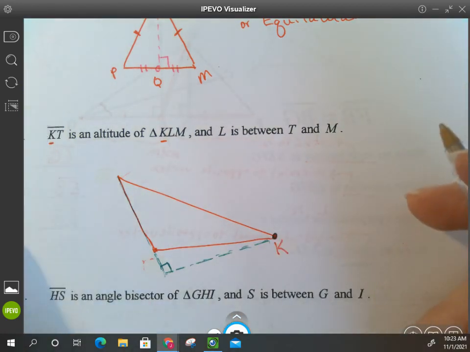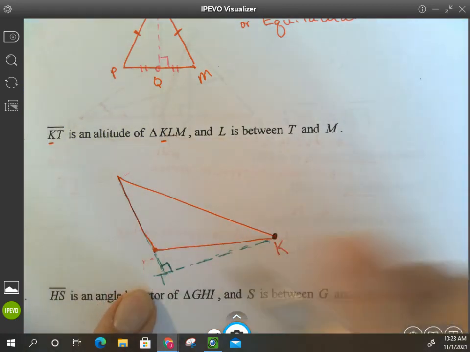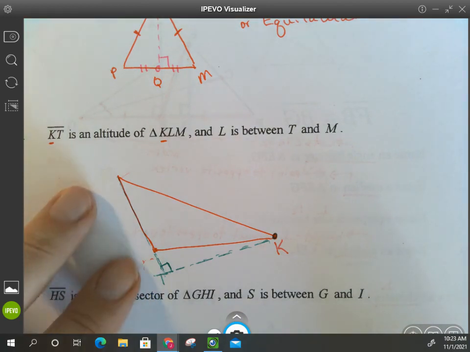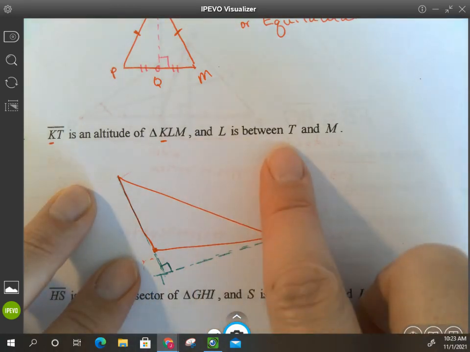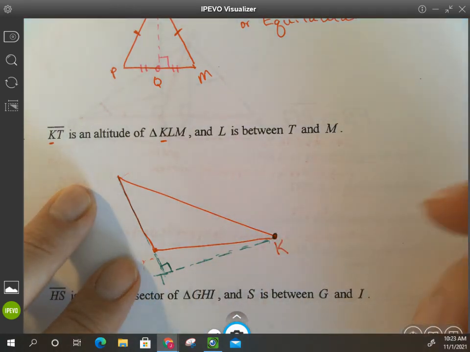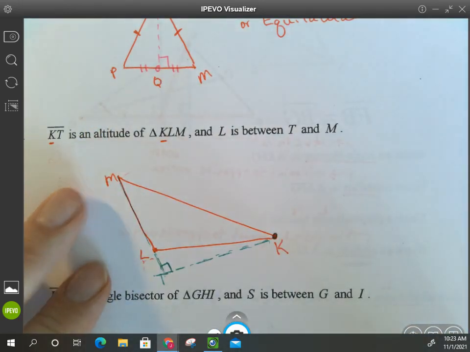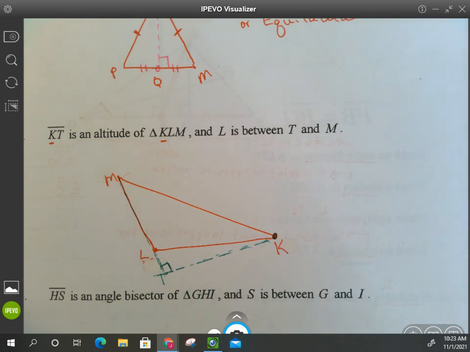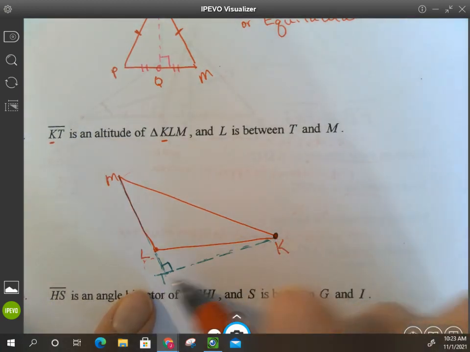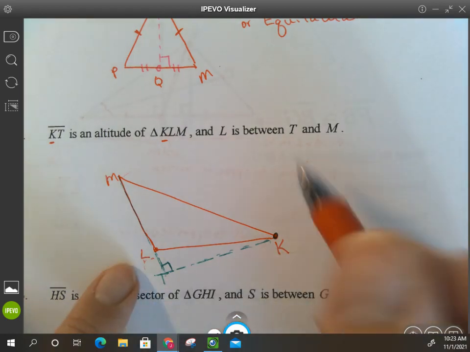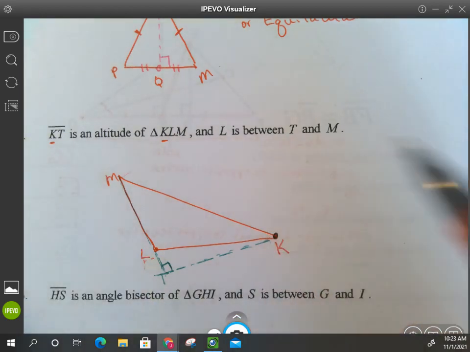Okay, so it goes from K to T. So this is T, and that's why I had to rearrange this. It says L should be between T and M. So L is this corner and M is that corner. I think I tried to label my triangle too soon. So K to T is my altitude, and L is between T and M. That was really a hard one.